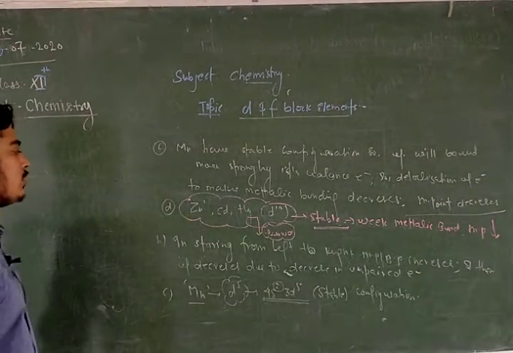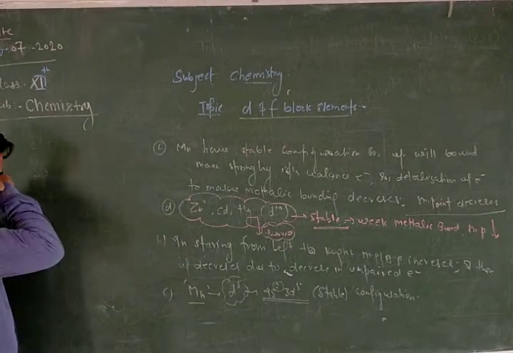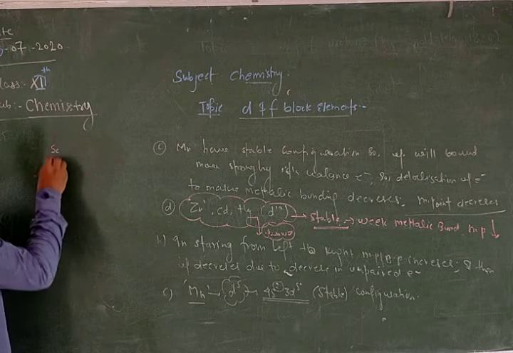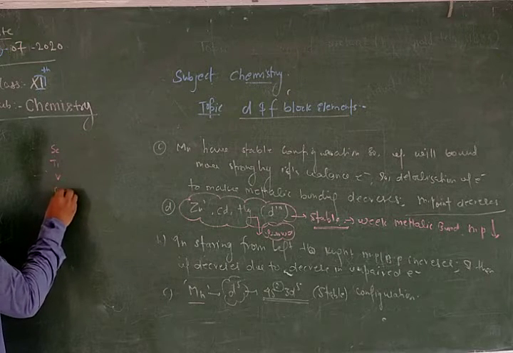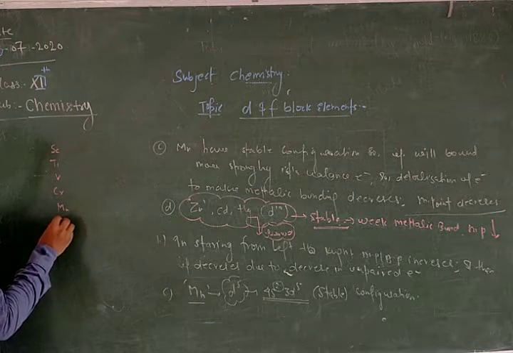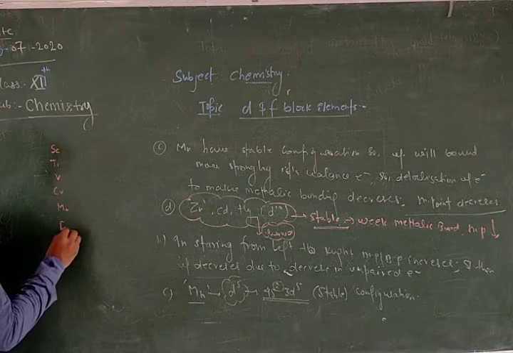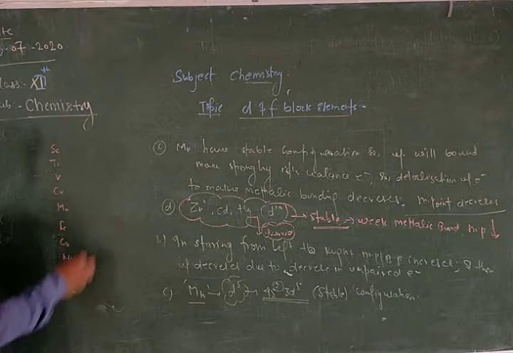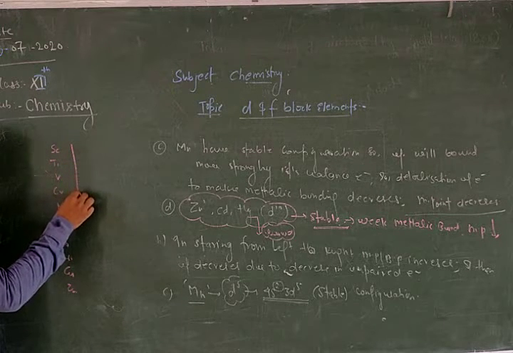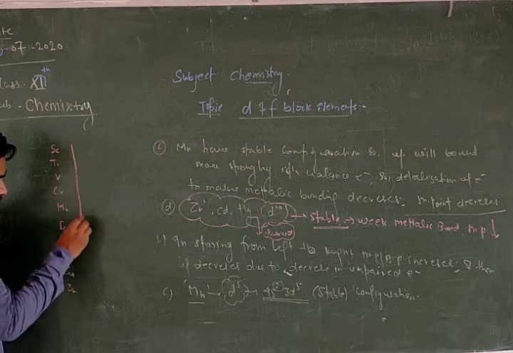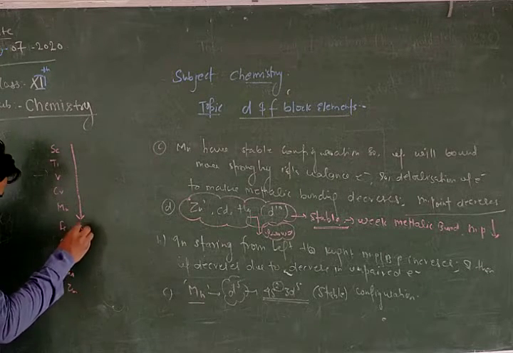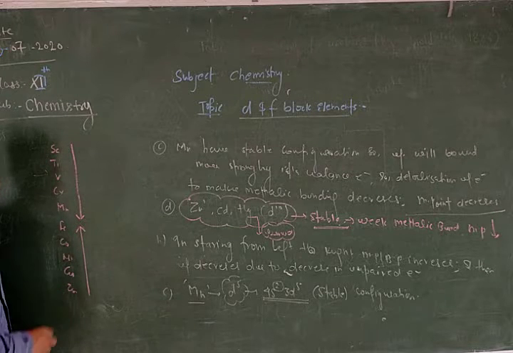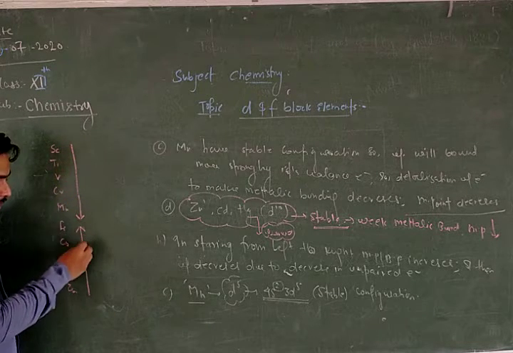How is melting point going to decrease? Initially the melting point increases from scandium, titanium, vanadium, chromium, manganese. Zinc, starting melting point increases till manganese, then decreases. In starting melting point increases, then decreases.